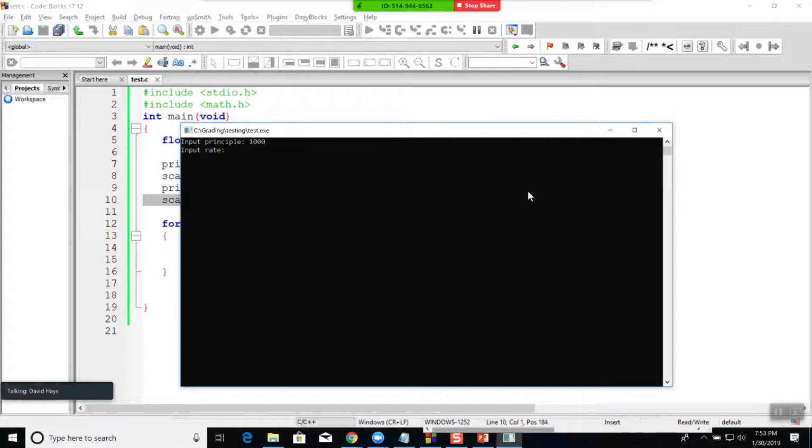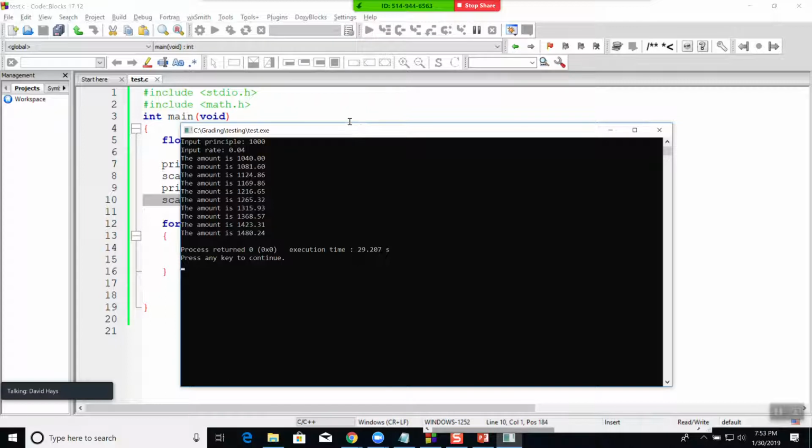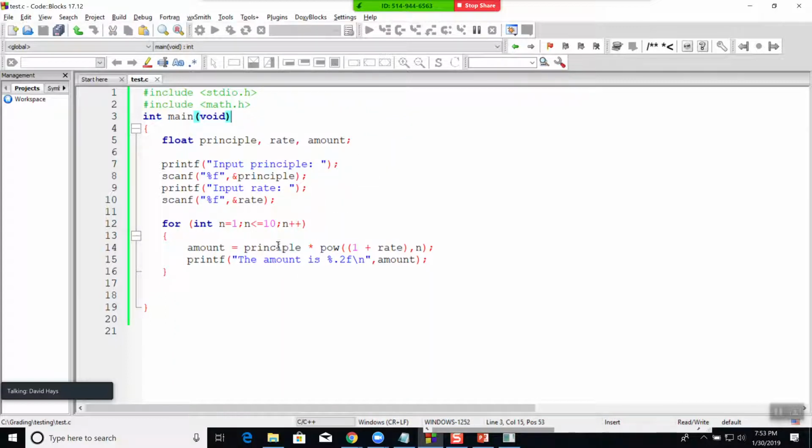1,000 for my principal, rate is 0.04. I don't know if I need the 0 there. And I get some kind of values. I have no clue if they're right. Raising it to a power, n. So n is 1 to begin with, okay. 1 plus rate.